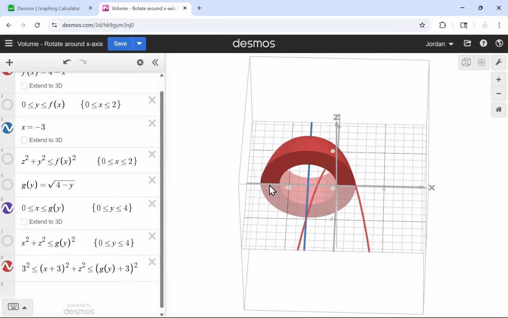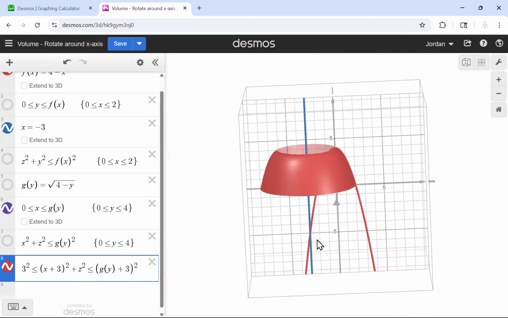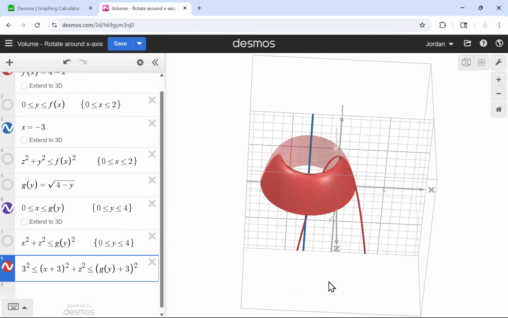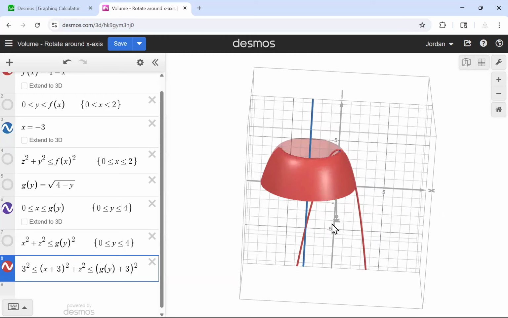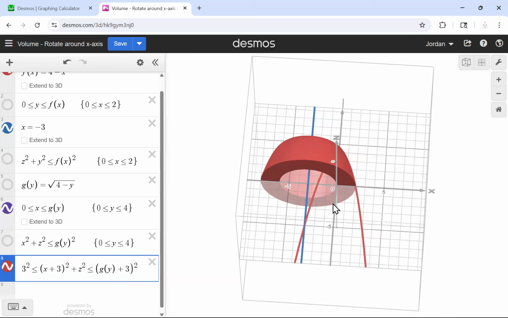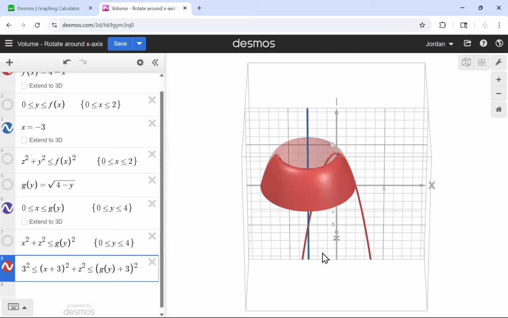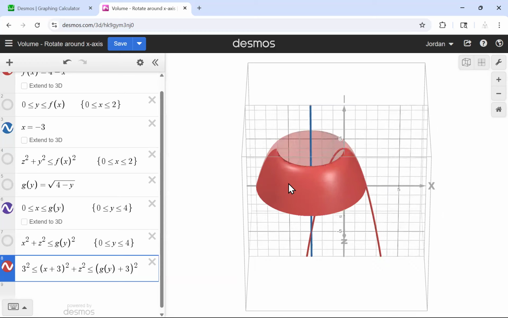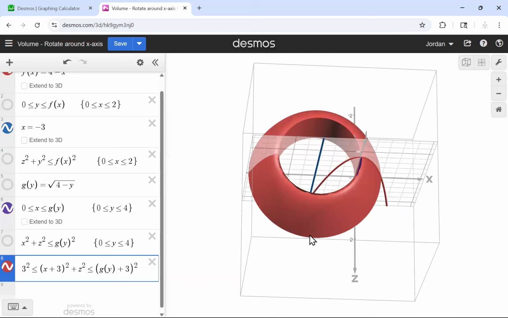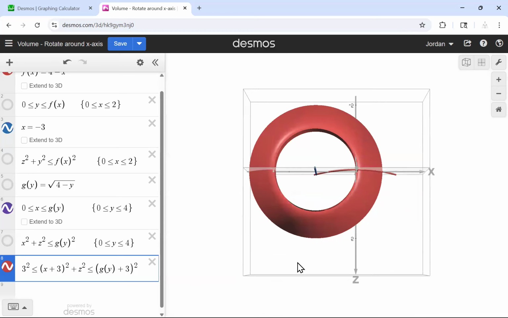And we got the volume of this figure as about 125.66. So that's what we ended up with. Again, that's the three-dimensional figure. I've graphed it in red, but you can graph it however you like. That's the idea.